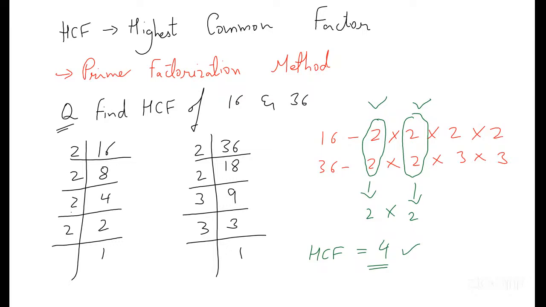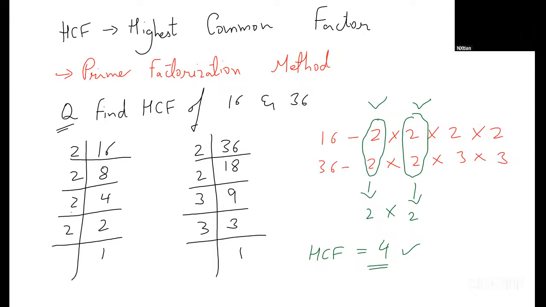Then take out 1 from each pair. Out of the 2 and 2 pair, I take out one 2, and again out of the next 2 and 2 pair, I took one 2 out. If there was a pair of 3 and 3, one 3 out. Then multiply all of them together to find the HCF. Understood how the prime factorization works?